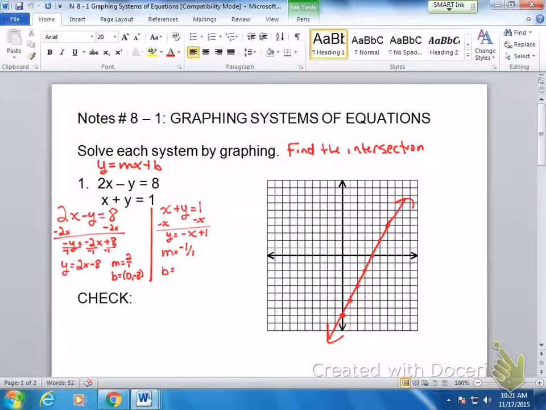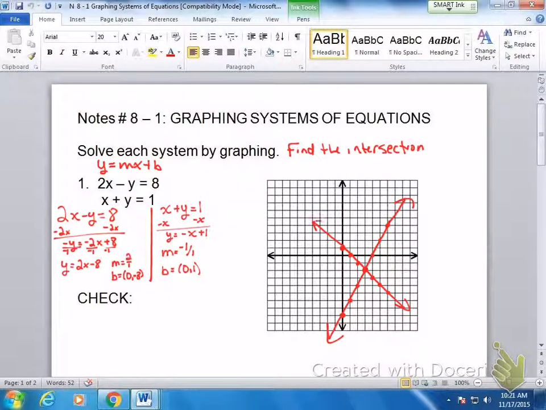Our b is 1, so our y-intercept is going to be (0, 1). So we come over here to our graph and plot (0, 1). Since it's a negative 1 over 1, we're going to go down 1, right 1, down 1, right 1, down 1, right 1, and down 1, right 1 from there. We can do a couple more. Once we get that, we can sketch in our line.